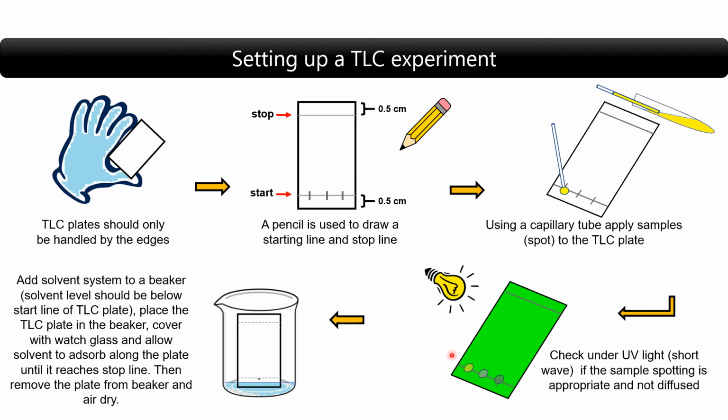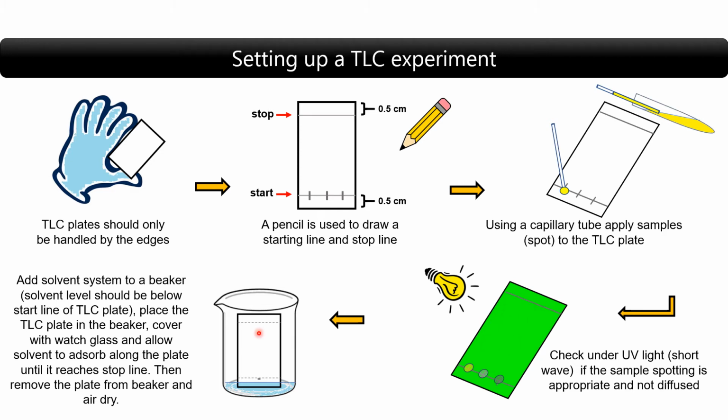We do this before we start running a TLC plate to make sure that the spots are properly concentrated around the markings that we made, and the spots between different compounds are not overlapping with each other, and to make sure there are no contaminations on the other parts of the plate.